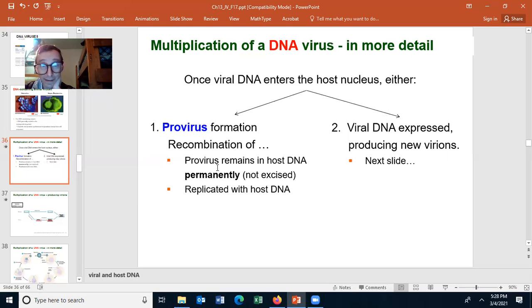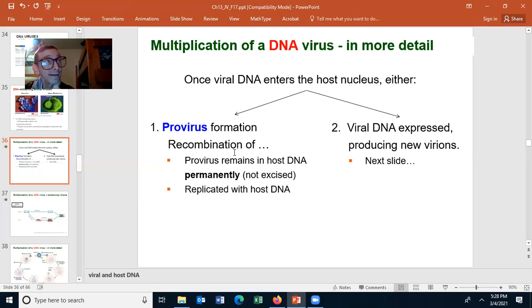When the virus is multiplying, making new viruses, the provirus DNA integrated into the host cell's DNA can also replicate. So when I said it only replicated when the host cell DNA replicates, that's not right, because this virus can replicate. I cannot, for the life of me, remember a DNA virus that does that.